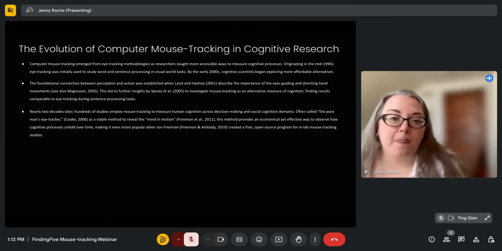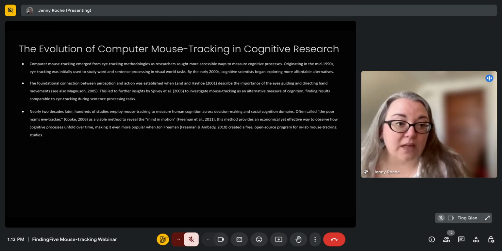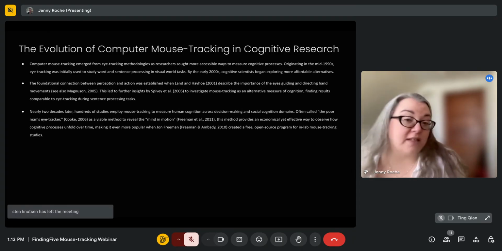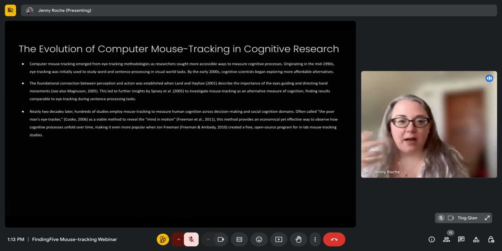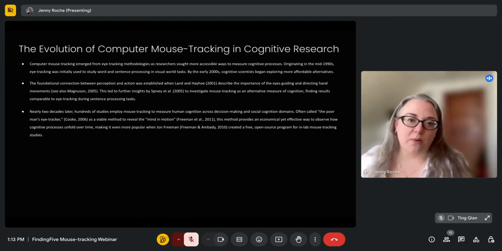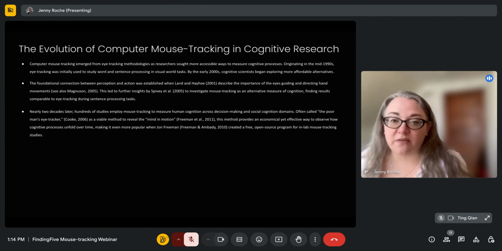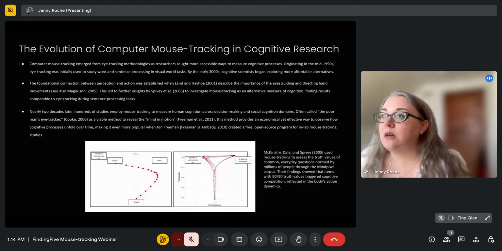I'll provide a QR code so you can link to John Freeman's MouseTracker because it's still freely available. I don't know how often he updates it, but I was able to recently download it on my computer, and I still actively use MouseTracker in the lab when needed.